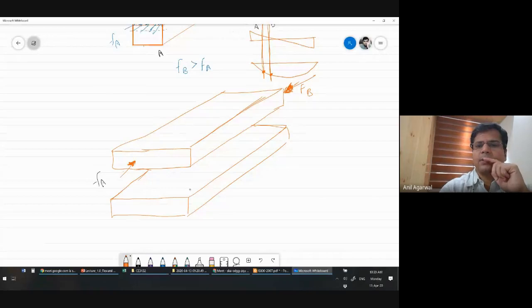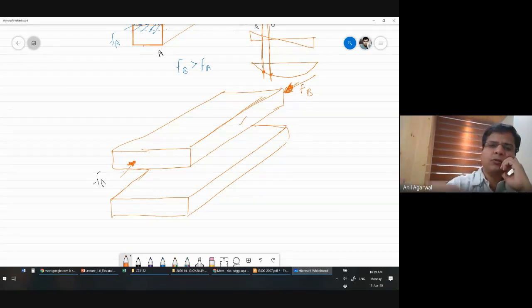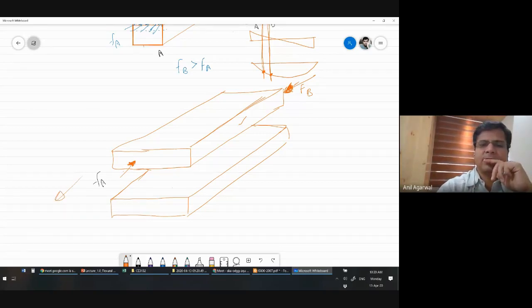Since FB is larger than FA, this upper strip wants to move outward in this direction, unless it is being resisted by the lower strip.